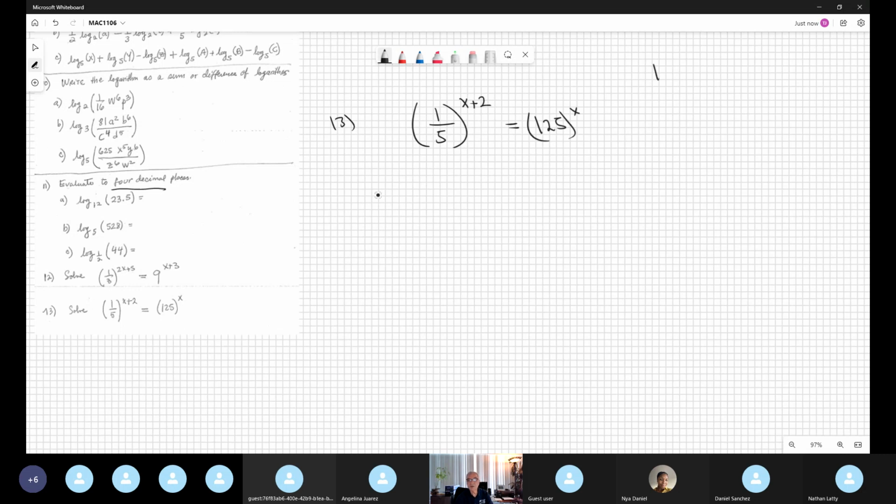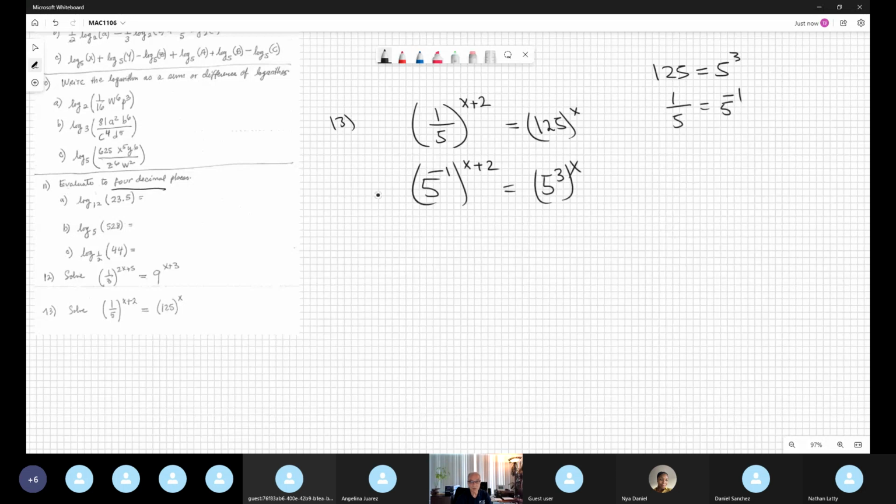I know that 125 is 5 cubed. 5 times 5 is 25, and 25 times 5 again is 125. And 1/5 is 5 raised to the negative 1 exponent, the reciprocal. You replace: 5 to the minus 1 raised to the x plus 2 is equal to 5 cubed, which is equivalent to 125, raised to the x.